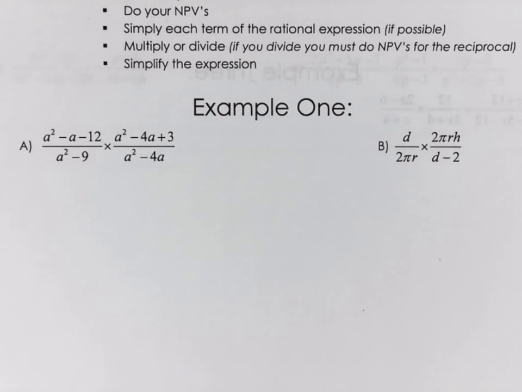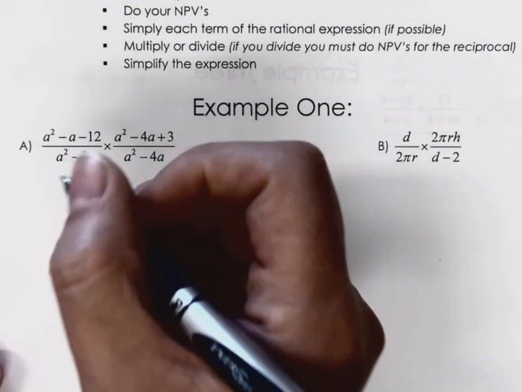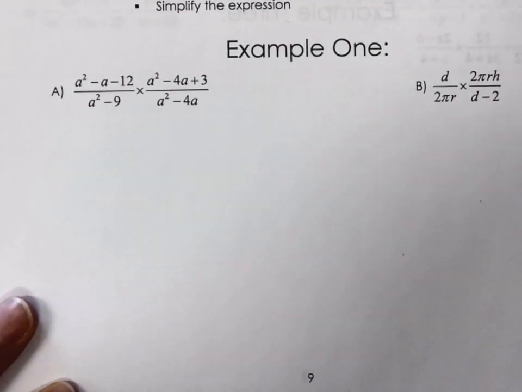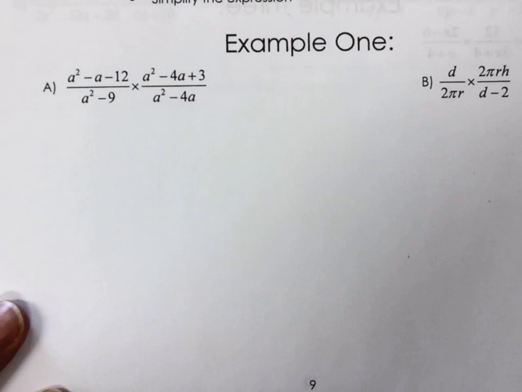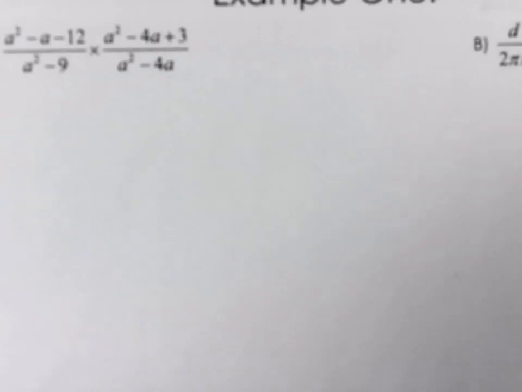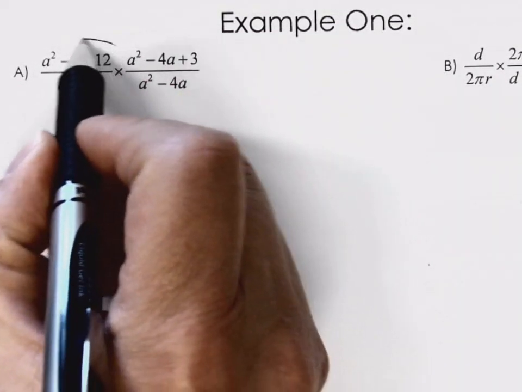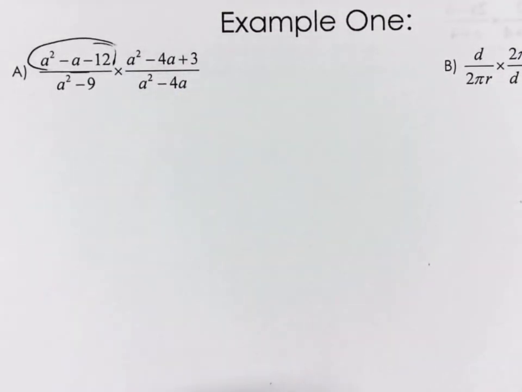Okay. What's step 1? Factor everything. So let's factor this one. This numerator. What are my factors? 4 and 3. Who's negative?